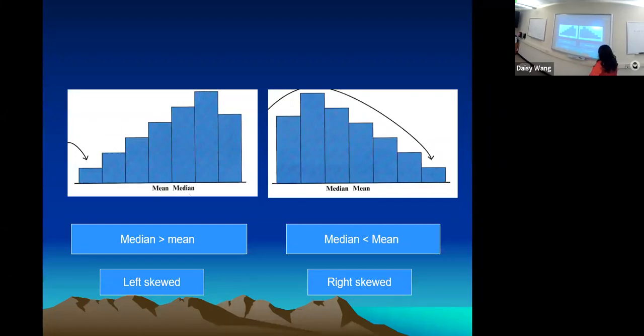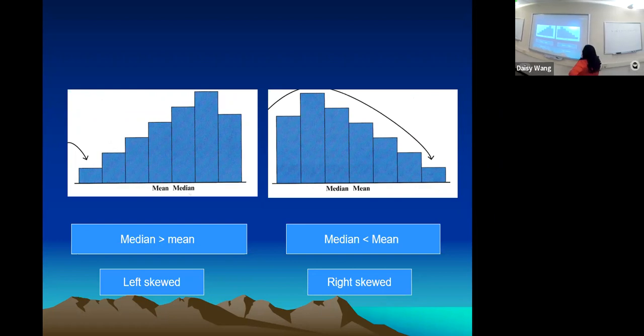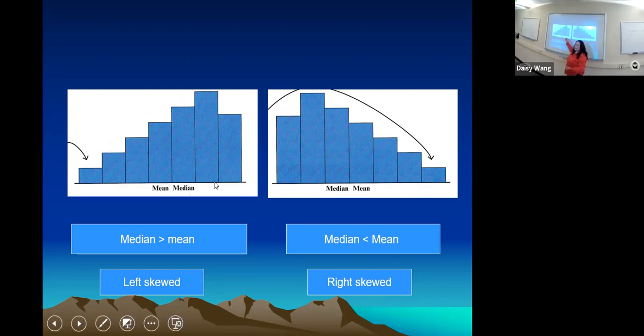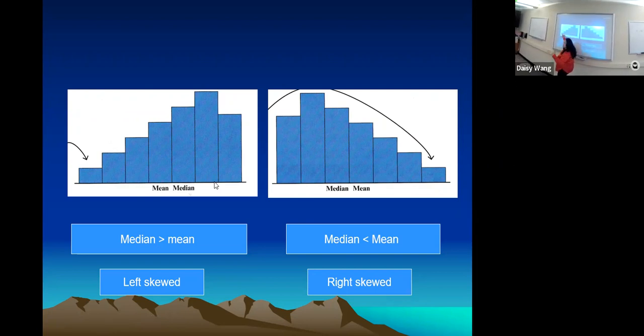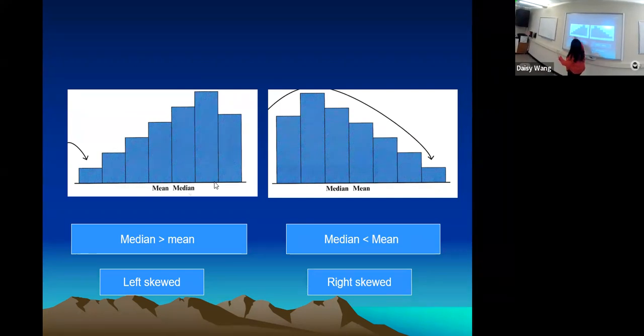On the other hand, if we have something skewed to the right, this is usually like our test scores. More people scored 80, 90, 100, or A, B, C, and very few got lower scores. The median is here, but those few people make the mean a little bit lower.